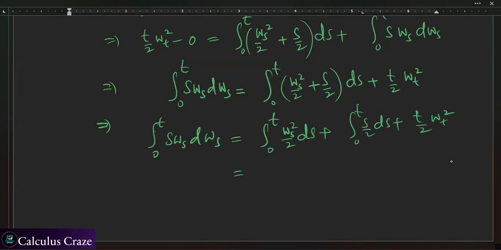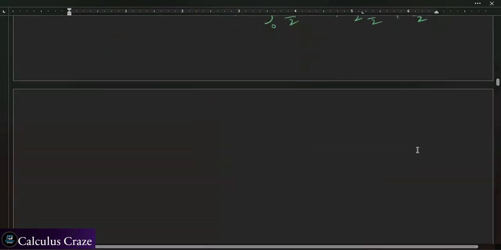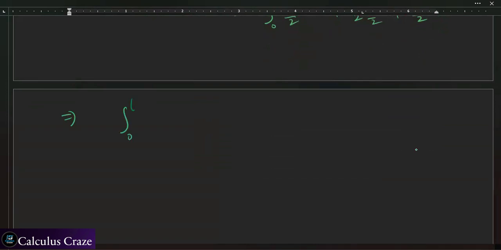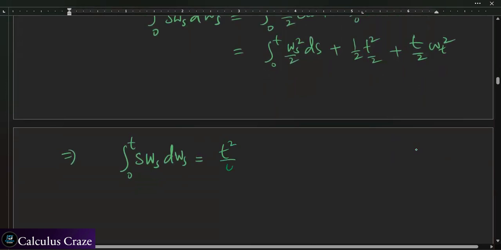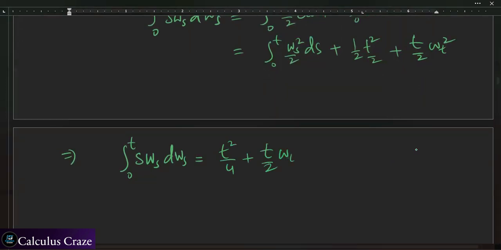So this is going to be the integral from 0 to t of W_s squared by 2 ds plus, this is a simple Riemann integral, or the integral from calculus 1, which is t squared by 2 plus t by 2 times W_t squared. I can write this in an even better form: the integral from 0 to t of s times W_s dW_s equals t squared by 4 plus t over 2 times W_t squared plus the integral from 0 to t of 1/2 W_s squared ds.